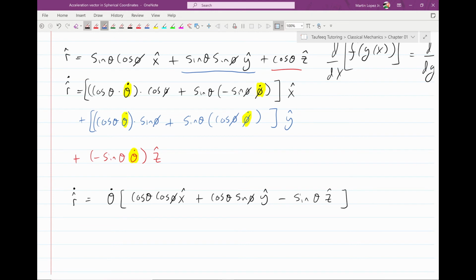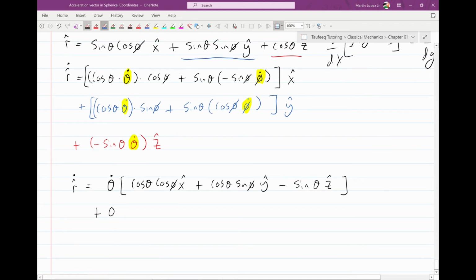Okay, great. Now this is wonderful because, why is it wonderful? Oh, I forgot the second part. So let's not get to the wonderful part yet. If we factor out the phi dot, we get, oh, and there's actually also, I missed this, there's also a sine theta in these, right? So we have phi dot and sine theta.